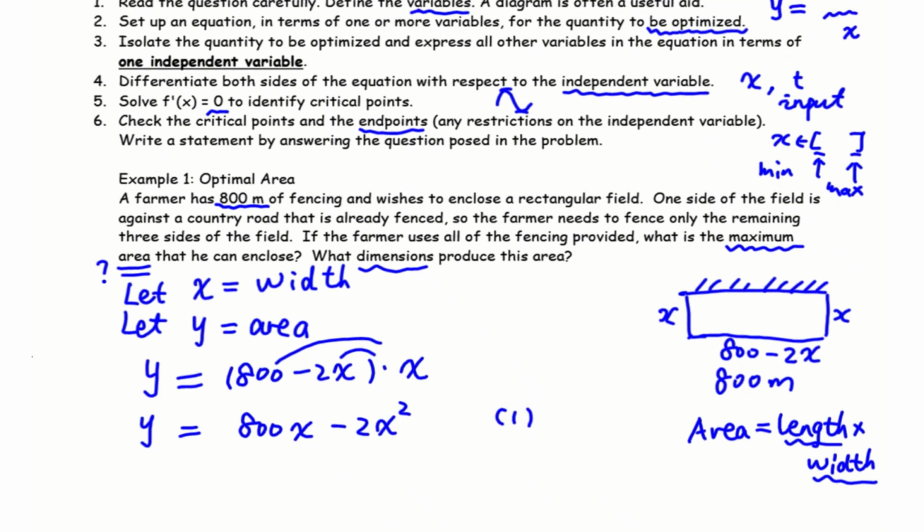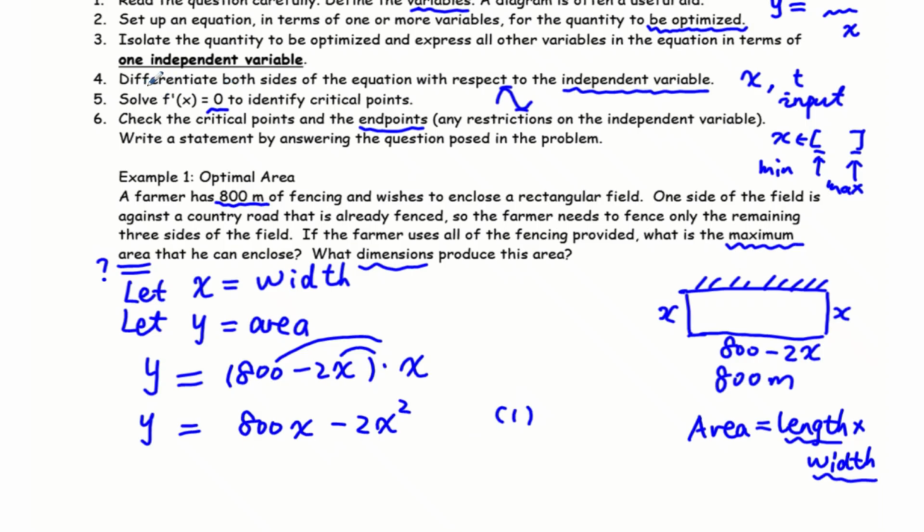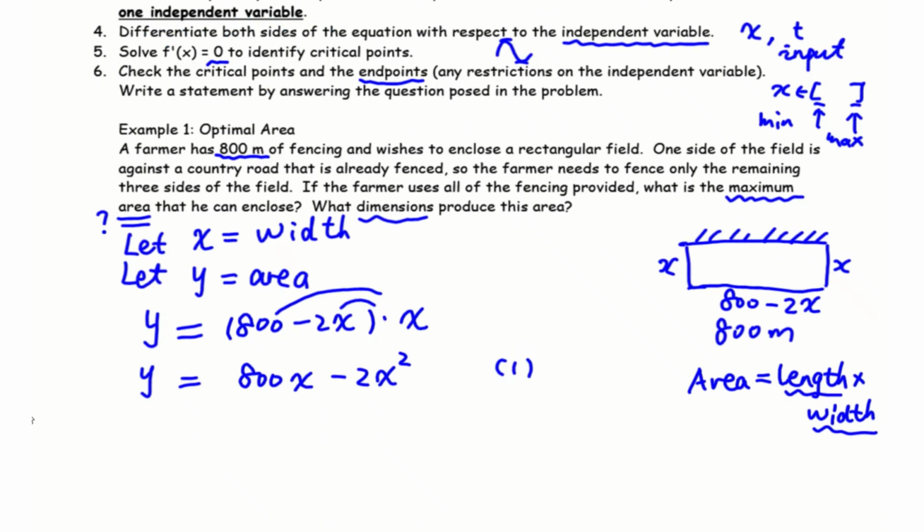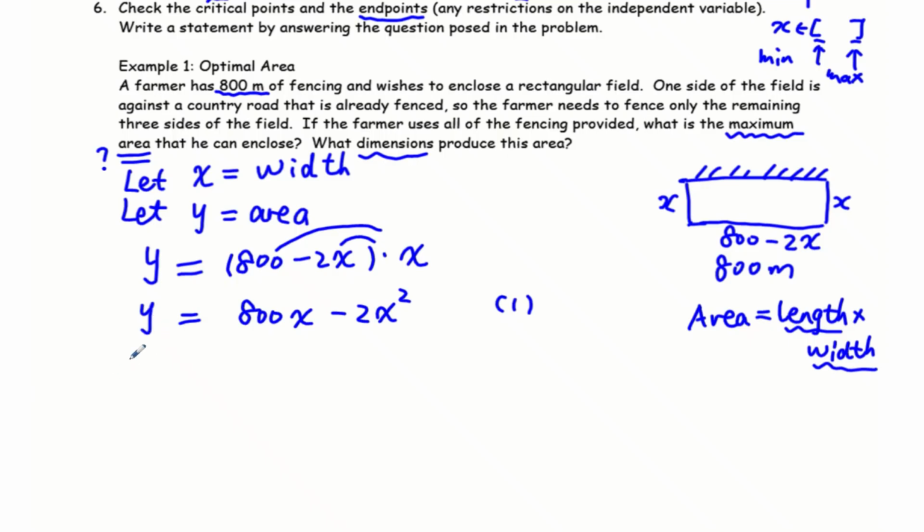Then step 4 is to do the derivative. We have isolated y already. Then the next one, we do the derivative dy over dx. The reason we want to find dy over dx is because slope equals 0 gives us the maximum or minimum value.